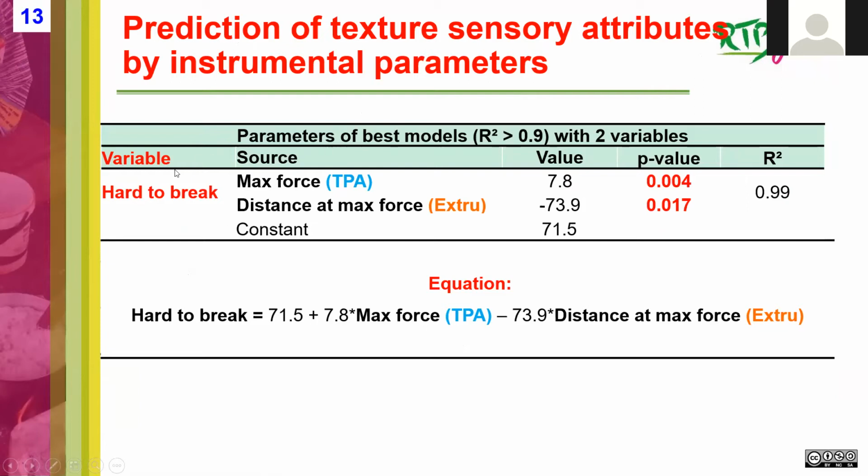So as you can see here, for the descriptor hard to break, max force determined by TPA can highly explain the hard to break descriptor. Also, the distance at max force determined by extrusion contributes to explain the hard to break. So here is the equation that we get from these parameters, and this is only an example for the descriptor hard to break.